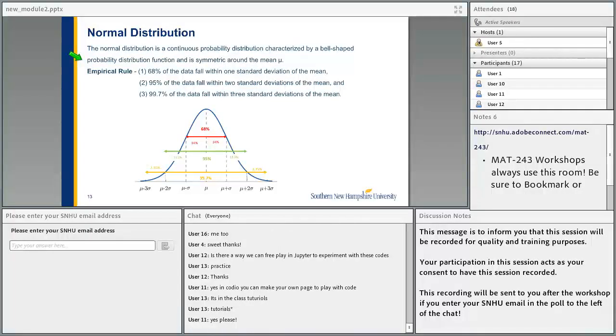So the normal distribution. Whenever you have a bell-shaped curve, we call that a normal curve or a normal distribution. And there is a rule, the empirical rule, that we want to remember here. In our normal curve, the center value is mu, which is the mean of your distribution.